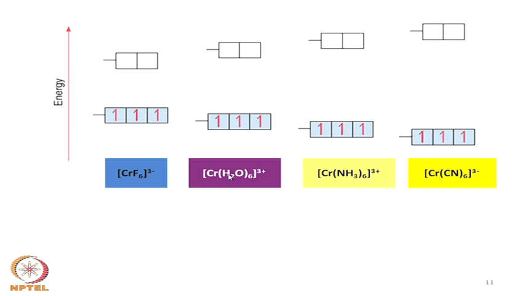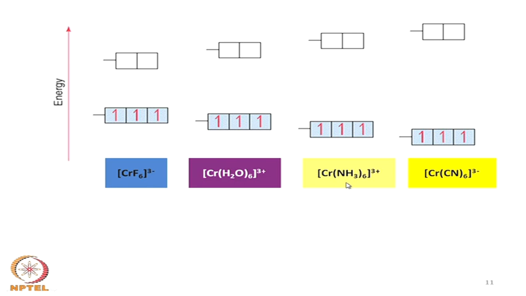Then water is stronger than fluoride and ammonia is further stronger than water. When the trivalent chromium, the chromic salt, is dissolved in water, we get the corresponding hexaaqua compound.